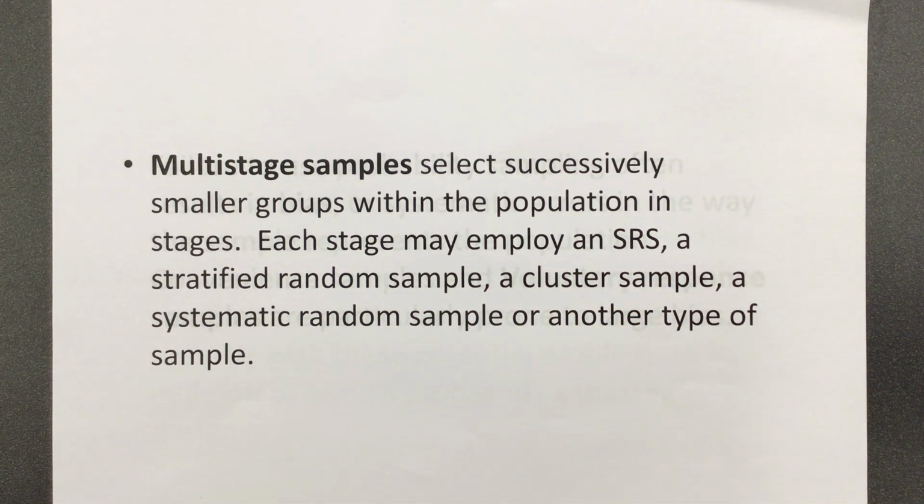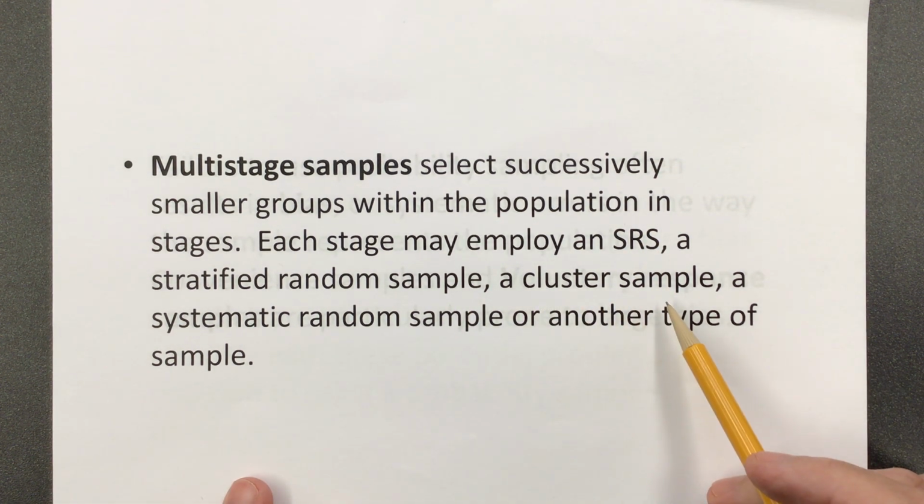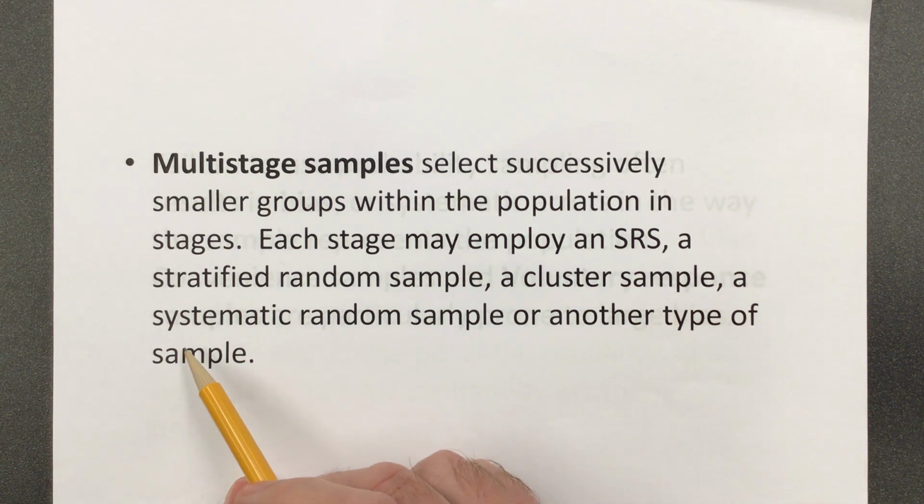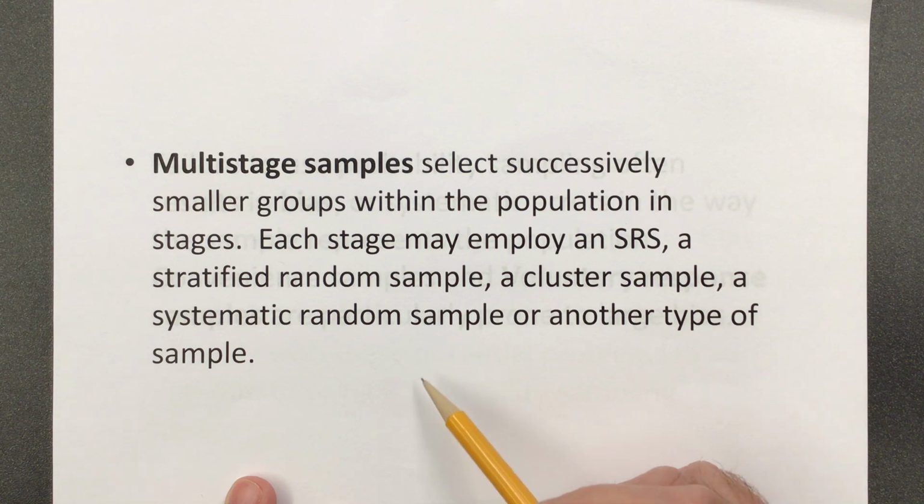Or maybe our first sample is what we call a cluster sample. Okay. Maybe our first sample is a systematic random sample to kind of whittle down the overwhelming number of people in the population. Okay, so these are more vocabulary terms you need to read about in your book.